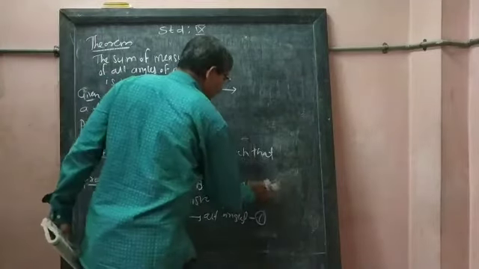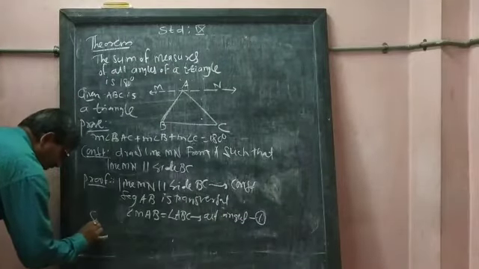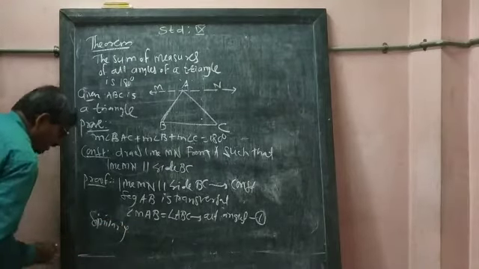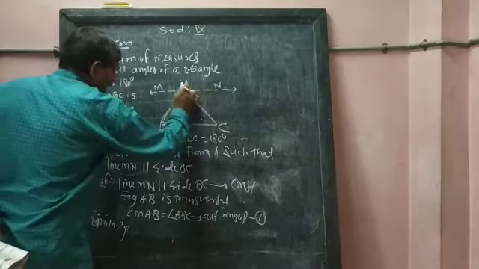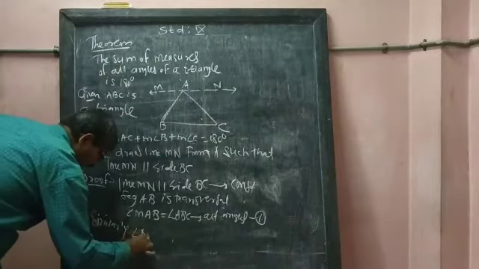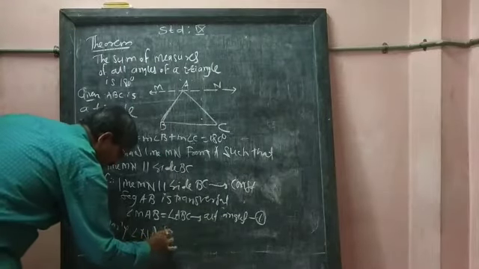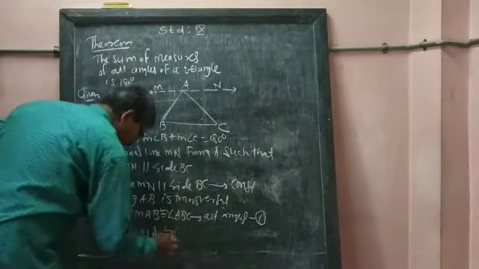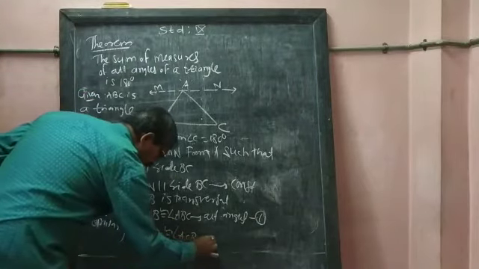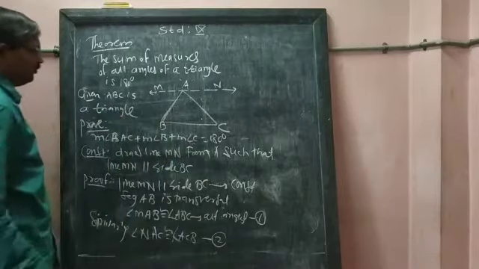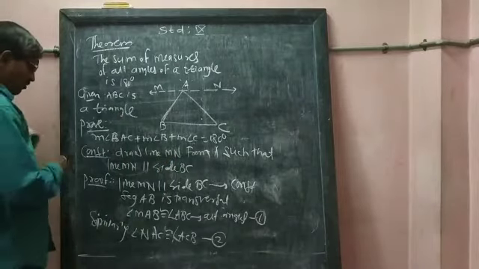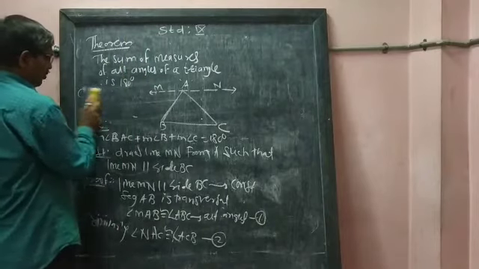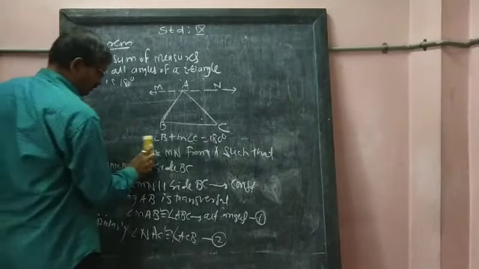Now, similarly, directly we will write: angle NAC is equal to angle ACB. This is number 2. Now I will erase this to get the place here to write the answer.